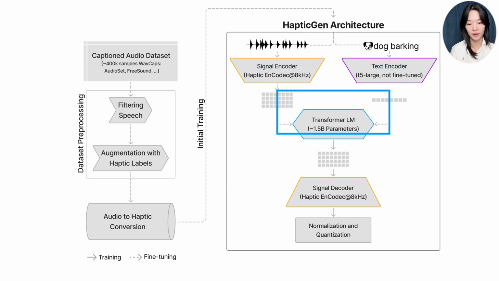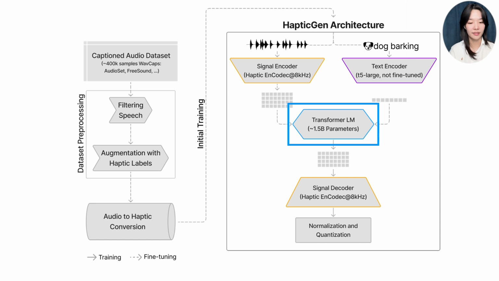Both the encoded tactile signals and text features are then passed into a transformer-based language model. It is adapted from the MusicGen architecture, and this transformer learns the relationship between text descriptions and corresponding signals.